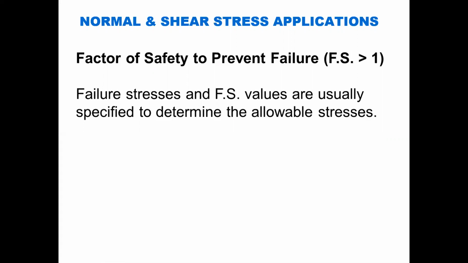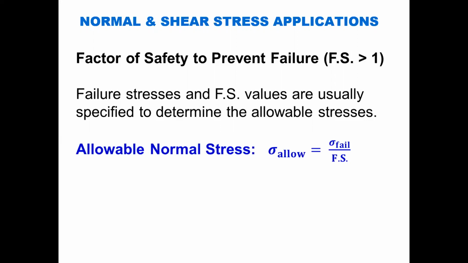Basically, what we're saying is that we have some sort of failure condition, and we want to make sure that we never exceed or have any stresses that get up to that failure condition. In this particular case, it might be the normal stress. So we would have maybe a failure condition of a normal stress of, say, 50 kips per square inch, so 50 KSI.